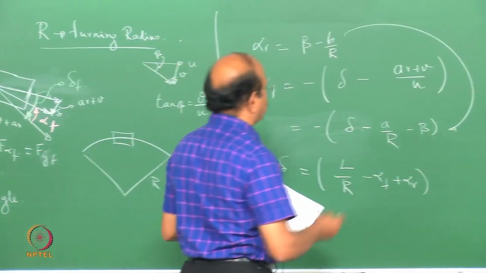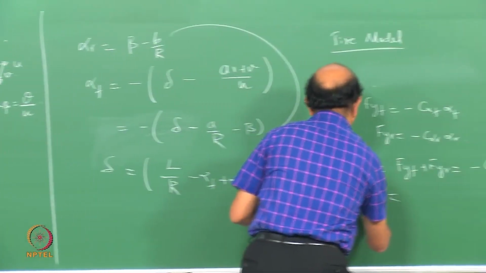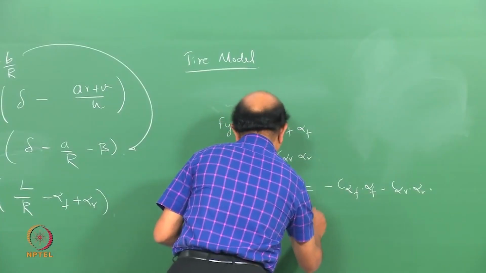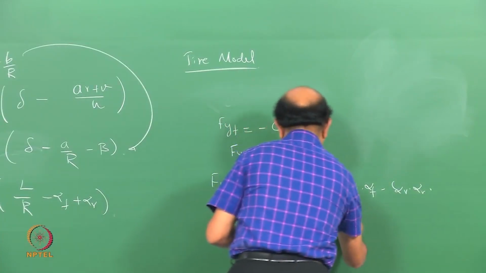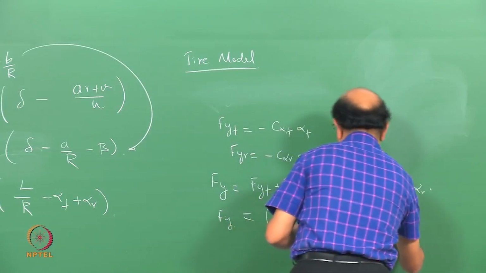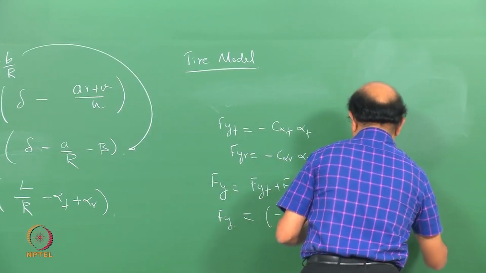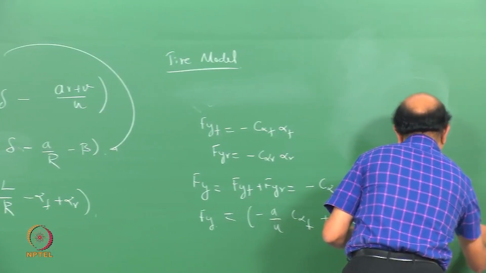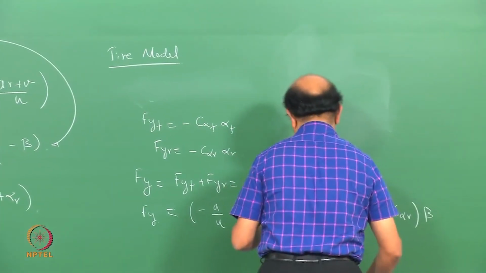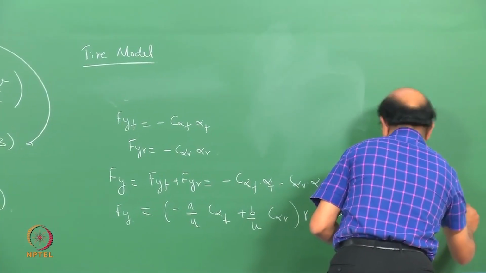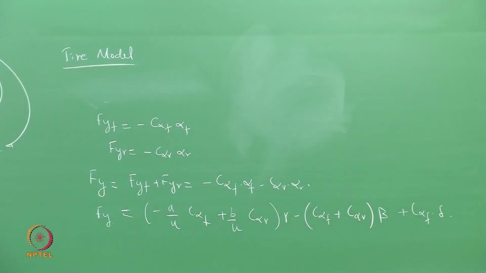So I'm going to write down completely the final expression. Fy is equal to minus (A by U C alpha F plus B by U C alpha R) into r, minus (C alpha F plus C alpha R) into beta, plus C alpha F into delta. So that is going to be my Fy.